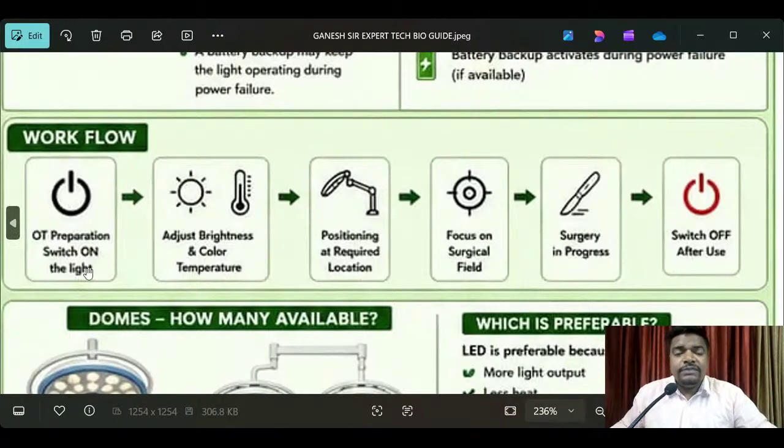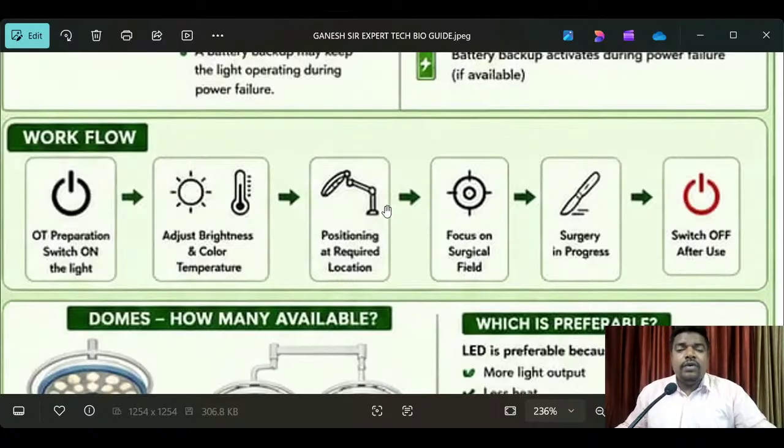Before the patient enters surgery, they have to keep all positioning. Understand? That's why: OT preparation, switch on the light, adjust brightness, color temperature, and positioning at the required location. Next, focus on the surgical field, then surgery in progress, and switch off after use.